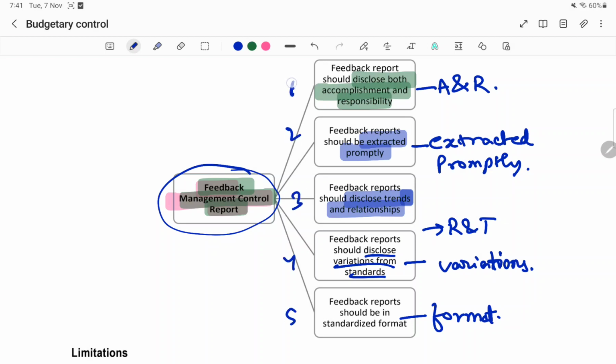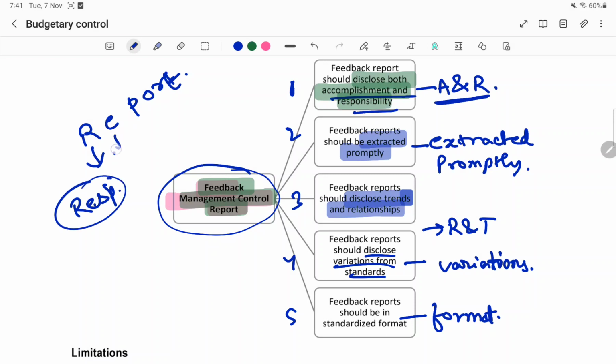Now if we recall again, what are we talking about? Report. So you can easily remember it. From R you can remember responsibility, that is the first point, accomplishment and responsibility. From E you can remember extracted promptly, that is EP, E extracted, and P promptly.